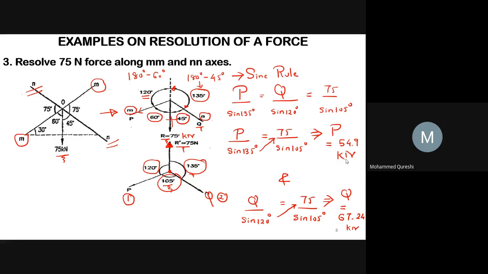So we have calculated both the values of unknown forces P and Q.